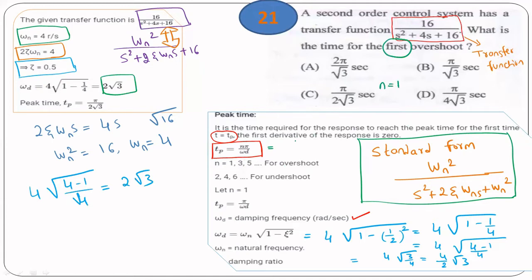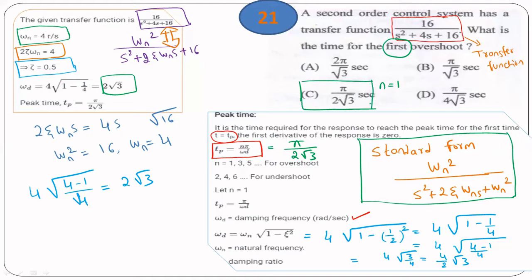So the solution will be pi divided by 2 root 3. As you know, pi divided by 2 root 3 seconds is option C, which is the expected and correct answer for this question.